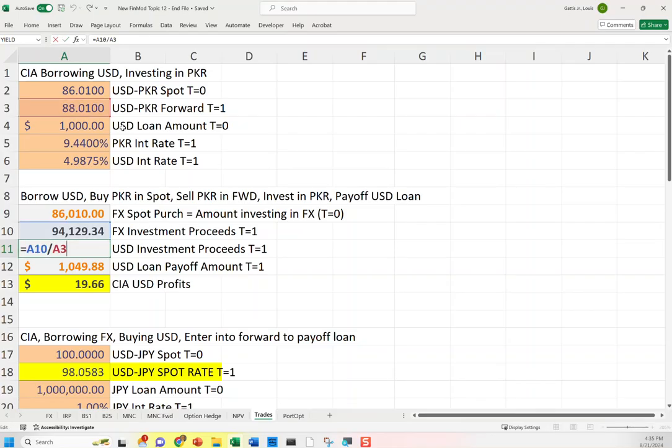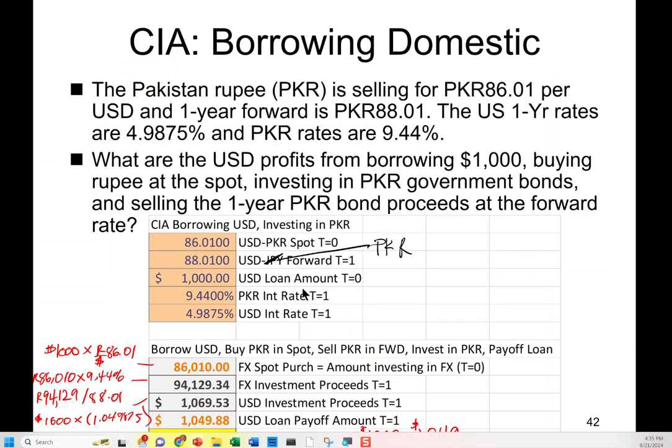So now you're guaranteed 1,069. And then you pay off your loan, the US dollar loan, with $1,000 at 1.0498, and you make, looks like, a sure profit of 19.66, assuming this bond does not default. So that's our example of a covered interest arbitrage borrowing in US dollars.